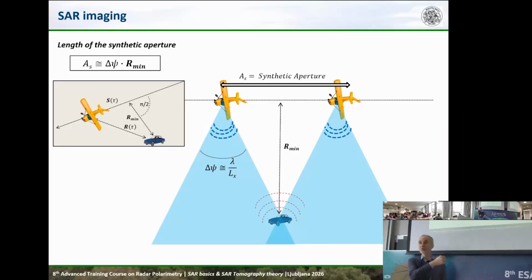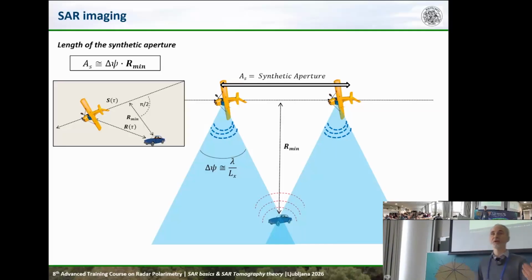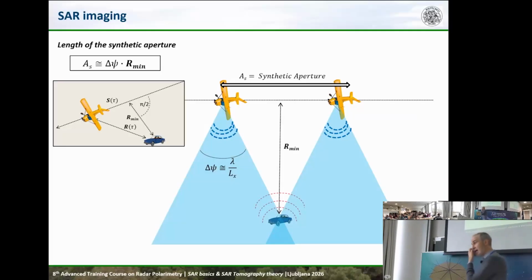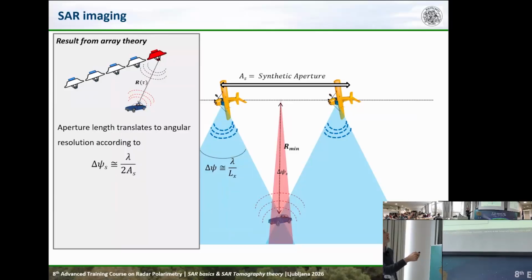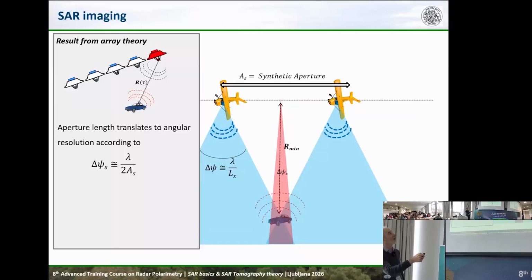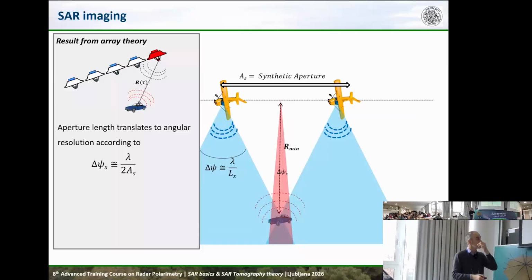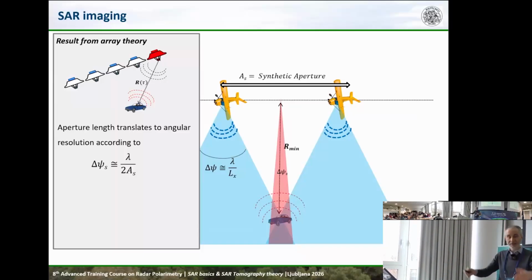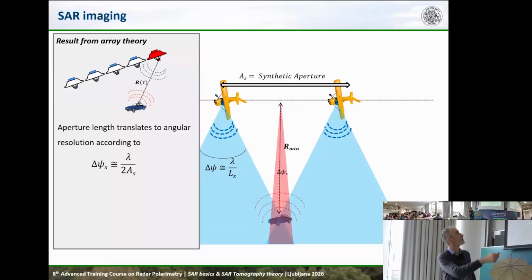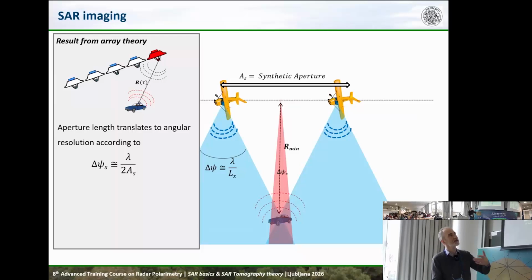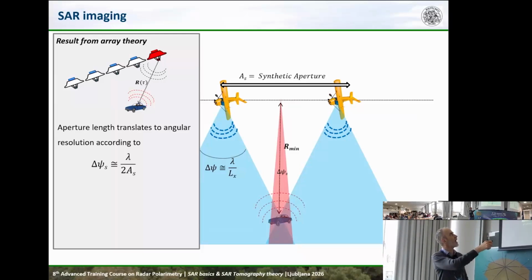And this is what you use to calculate your angular resolution, which now we can calculate. Let's say that we have a particular antenna that radiates over a certain sector. This leads to a synthetic aperture A_S.